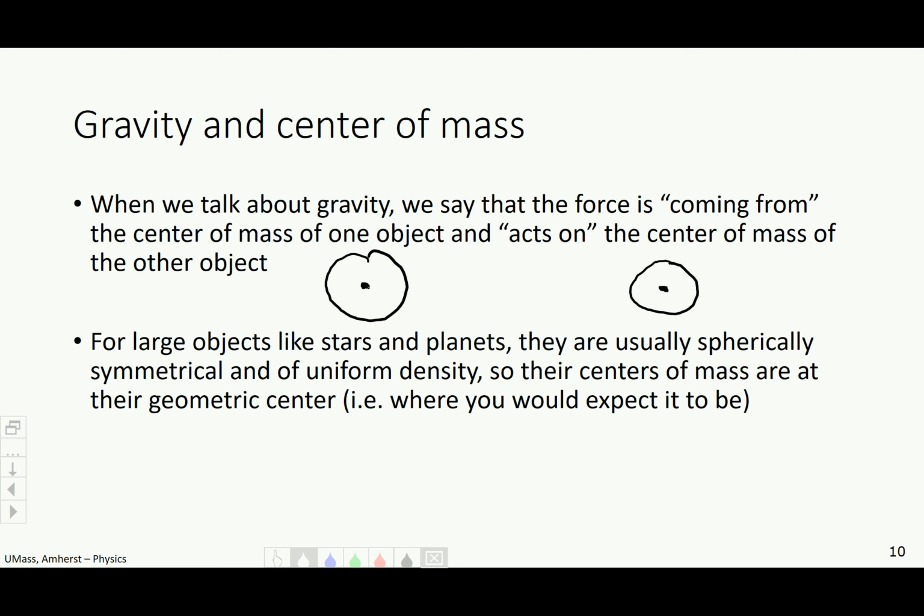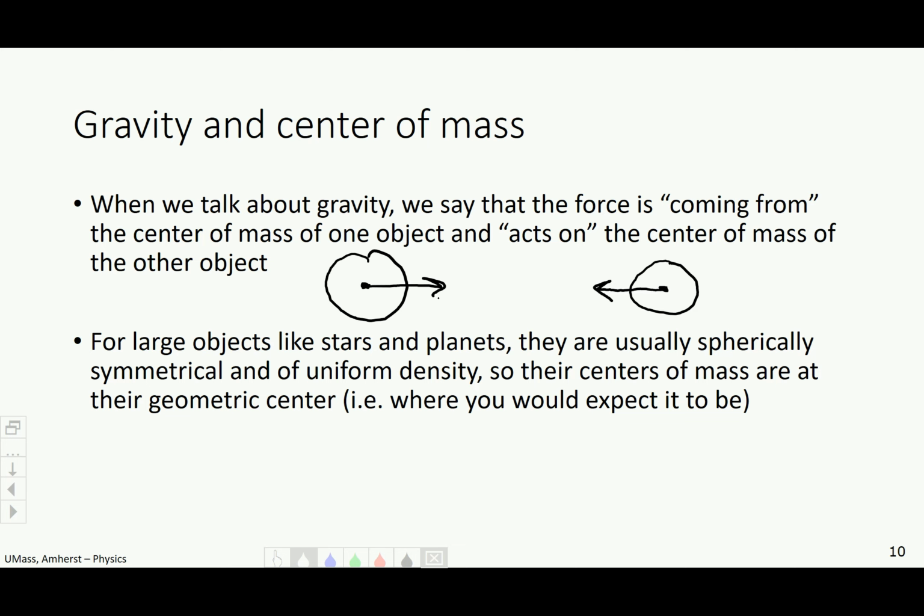The force acts from one onto the other. And we know that it acts on the center of mass because that's how we draw our free body diagrams. We always draw the forces acting at the center of mass. But we can also say that the force is being exerted from the center of mass of another object.